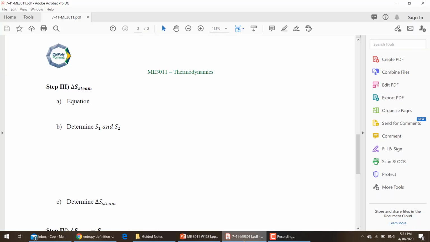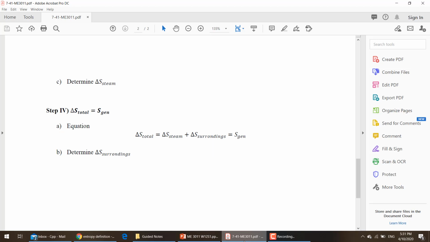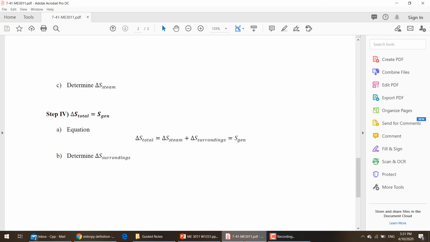Let's go over this PDF file. The first thing is that to calculate the total delta S, you need the equation. The total delta S is the S generation, which is the combination of the delta S of the system and the surroundings. You already determined the delta S for the system in the previous section.